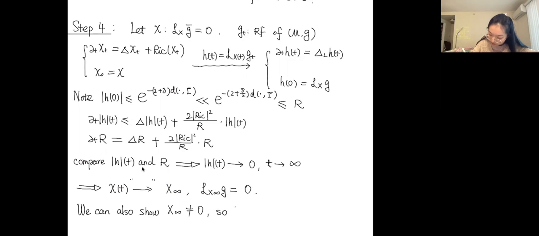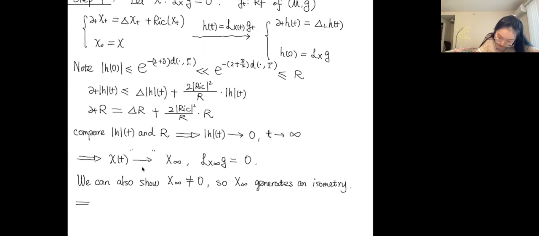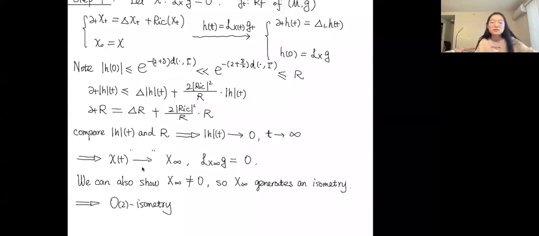Okay, and then it generates an isometry. And then we can show that this isometry is an O(2) isometry. Okay, so this will complete the proof of the O(2) symmetry theorem.